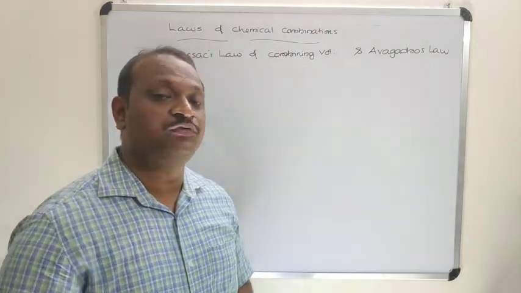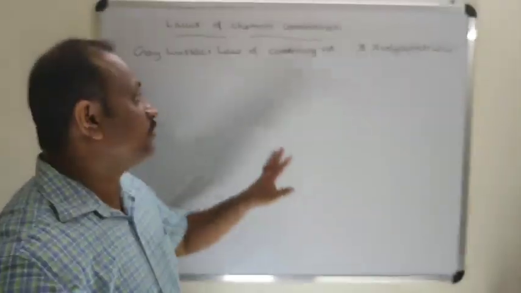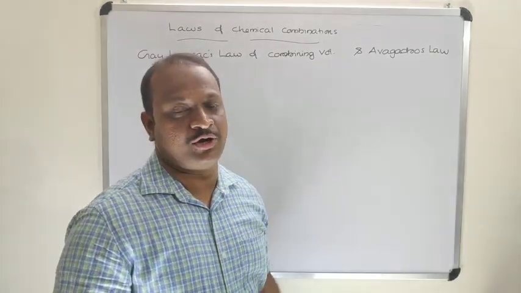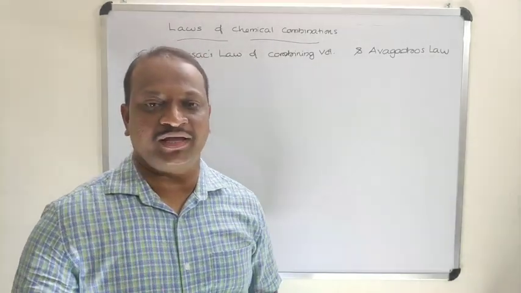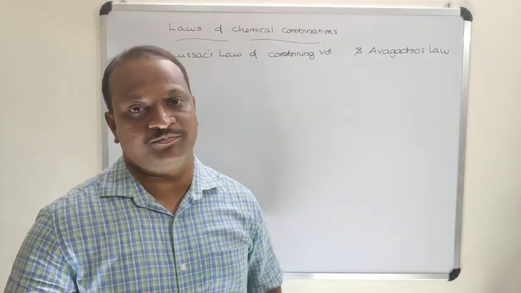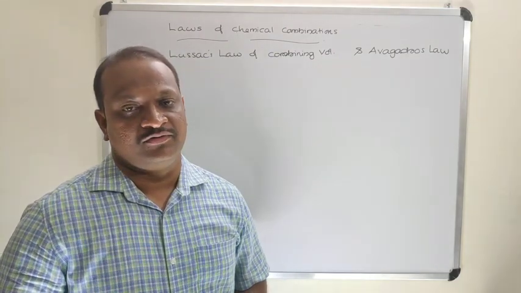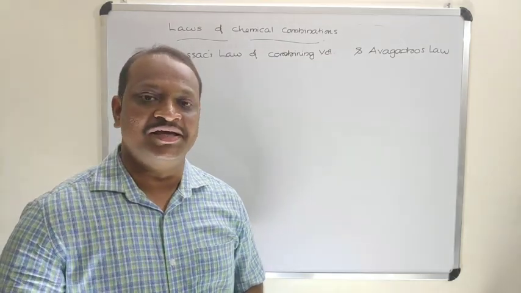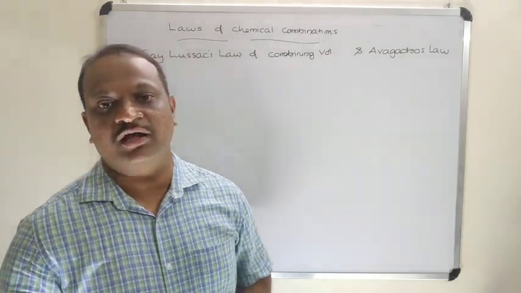Now we are left with 2 more laws. The first one is Gay-Lussac's law of combining volumes, and the next one is Avogadro's law. What is meant by Gay-Lussac's law of combining volumes? First and most important, this law is applicable only when gaseous reactants and products are involved.